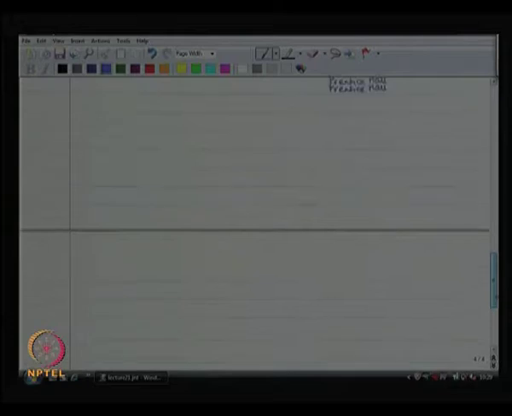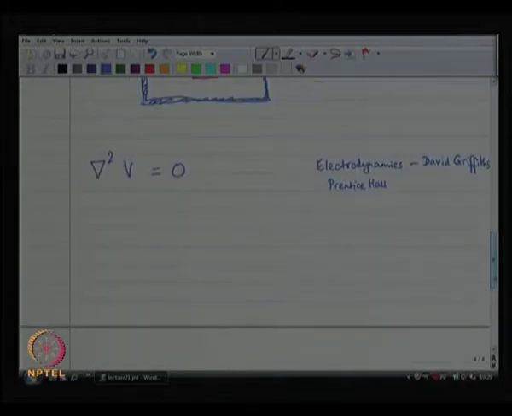I refer you to that. This was chapter 2 probably. So, there is a lot of material about how to solve Laplace's equation del squared V equal to 0, and some of the common problems that are solved in this particular textbook.